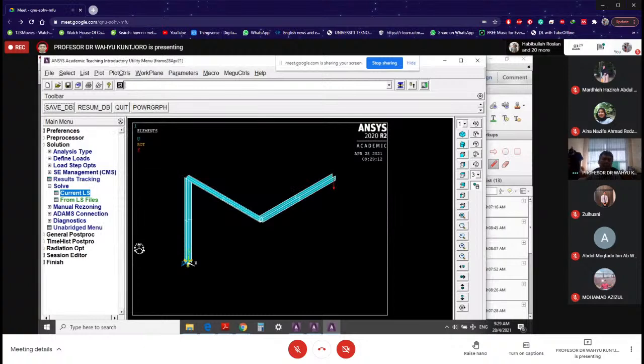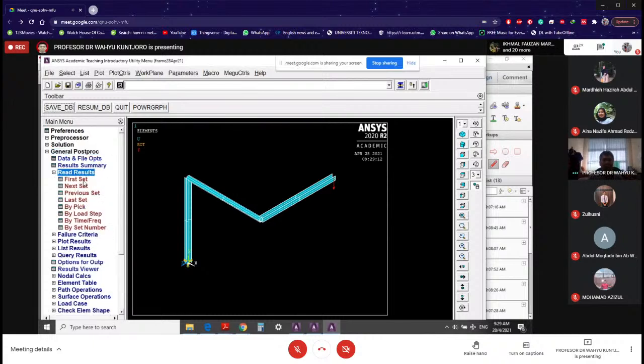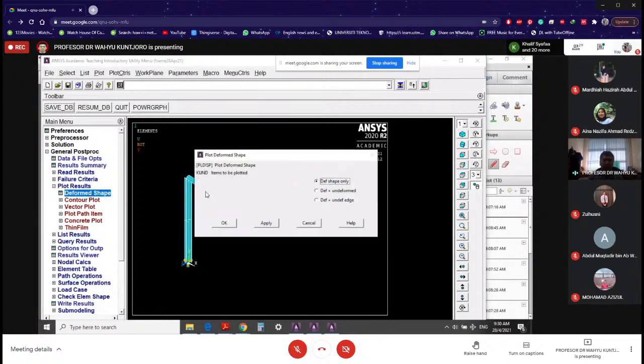Now we have done the modeling, we have done the solution, and now we go to post processing. We got the solution, so we need to read the results. We have only one result for set. And then now let's plot the result, the deformed shape.